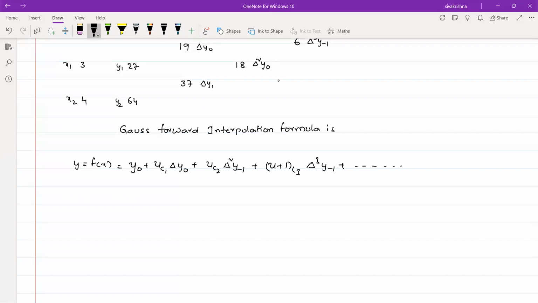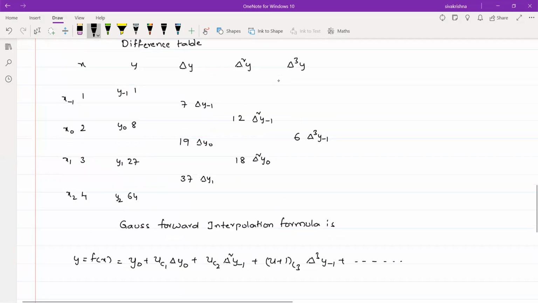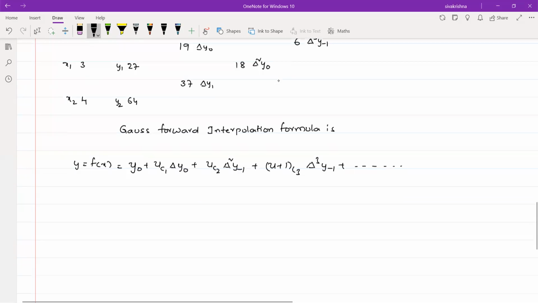Here I am writing up to delta cube y suffix minus 1 because in the difference table we have up to third differences, so we have to write the formula up to the third difference only.